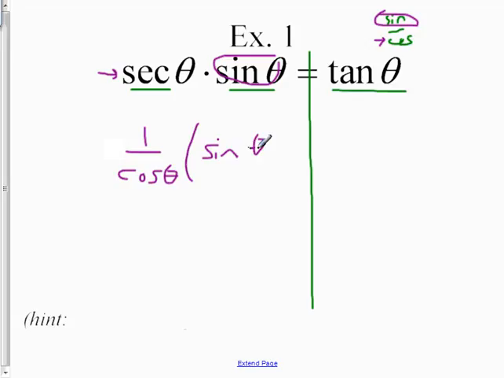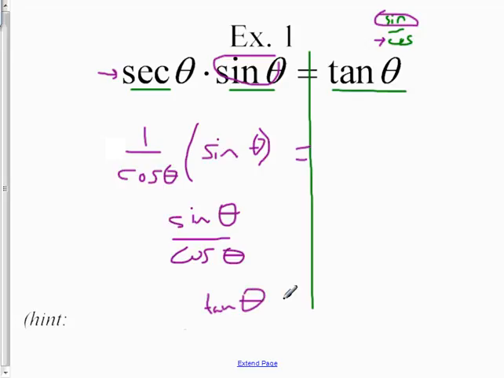Multiply that by sine. I get sine over cosine, which is tangent. Put a little check mark there and make sure I got it. So that's really all we're doing here with trig proofs.